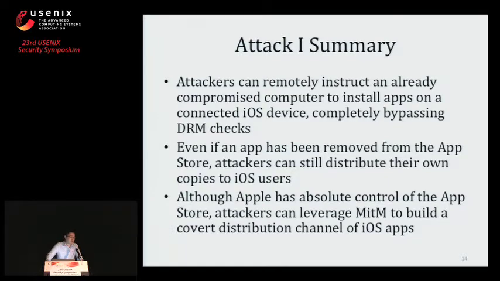So in our experiments, we already removed the Jekyll app from the App Store, but we are still able to deliver our own copies to different iOS devices that are running with different Apple IDs, which implies that although Apple has the full control over the App Store, the attackers can still leverage this attack to build a covert distribution channel of iOS apps.